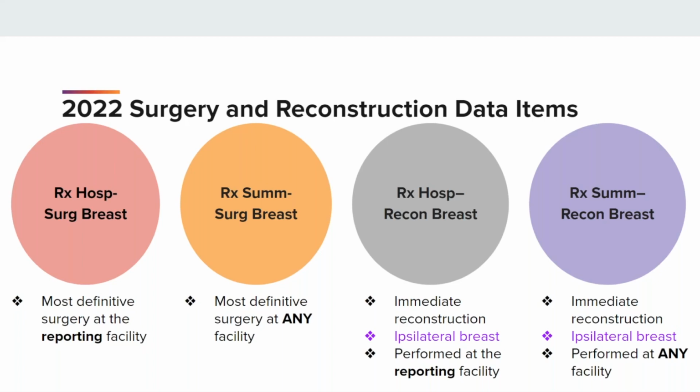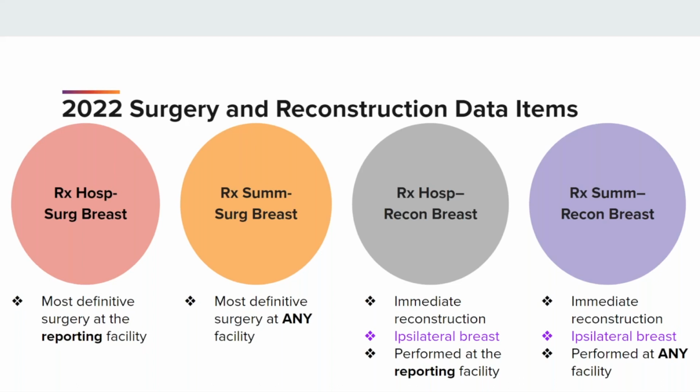Rx Hosp Recon breast records immediate reconstruction performed at the reporting facility. As a reminder, this reconstruction must be performed during the same procedure and while under the same anesthesia as the resection. Reconstruction performed on a different day than the most definitive breast resection is not collected.